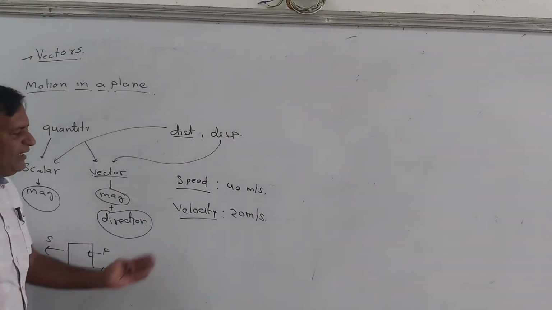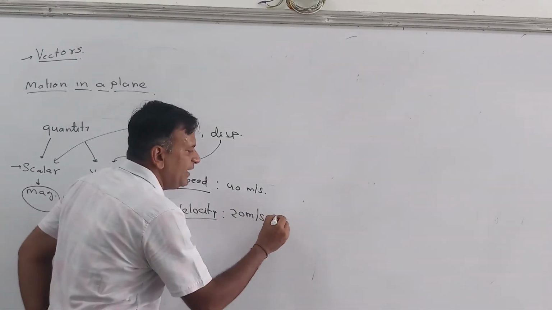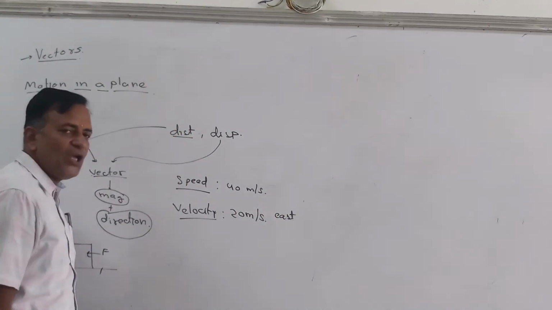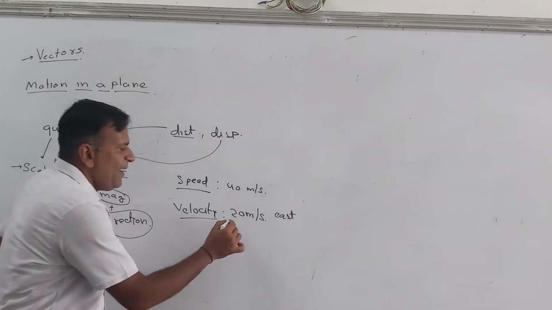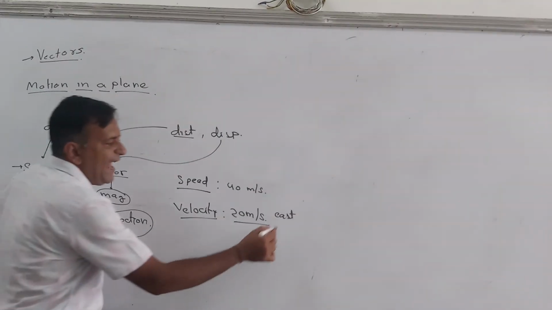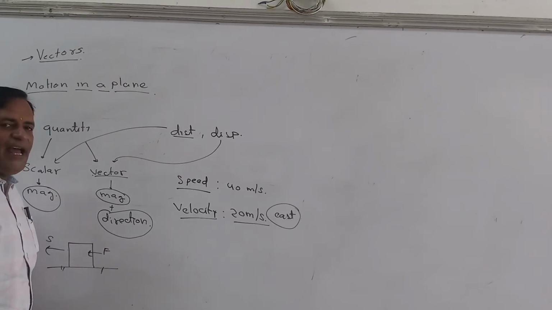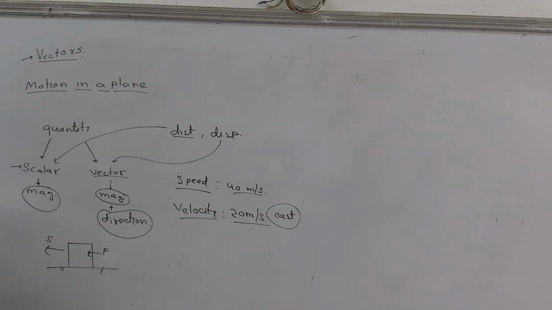I have to mention the direction also. So I must write 20 meters per second east, or it could be west, or it could be southeast or northwest. Clear? So when I am expressing the magnitude as well as the direction, the quantity is a vector quantity, and when only the magnitude is mentioned, the quantity is what? It is a scalar quantity. Okay, that is a very basic difference between scalars and vectors.